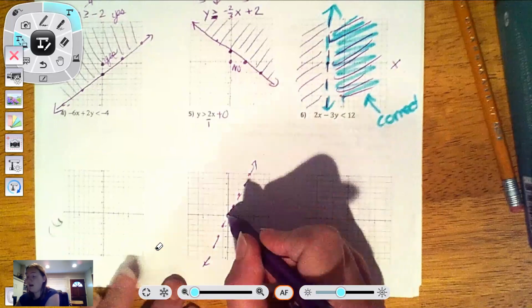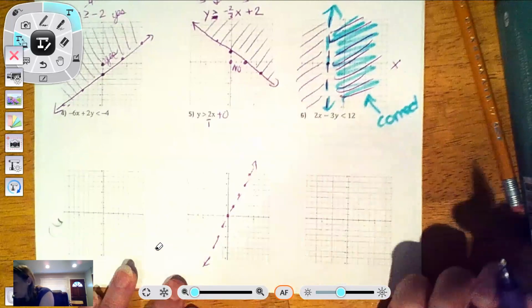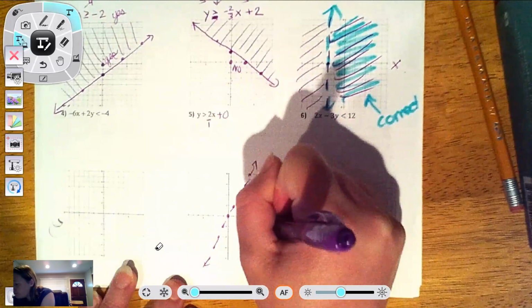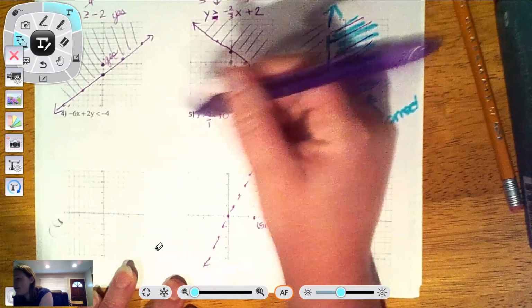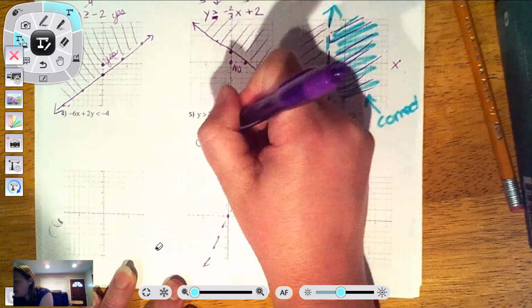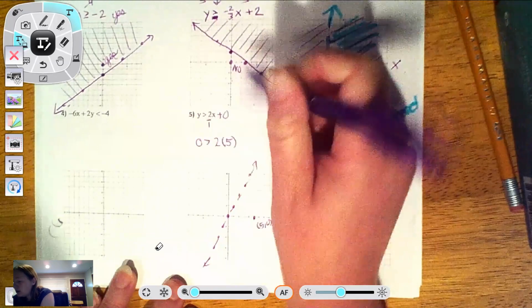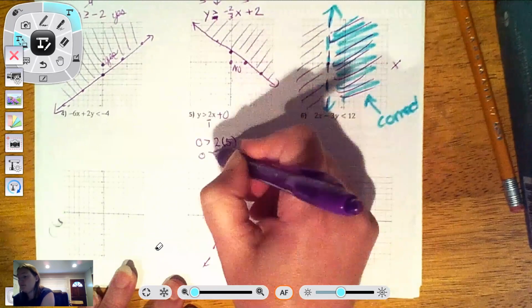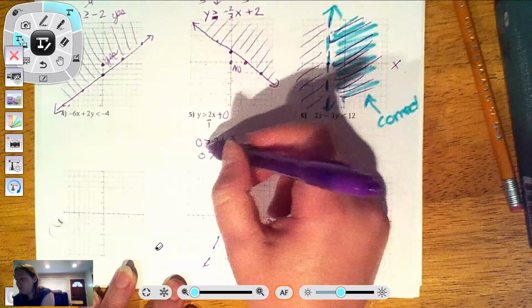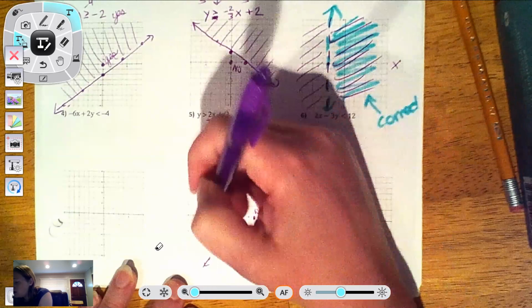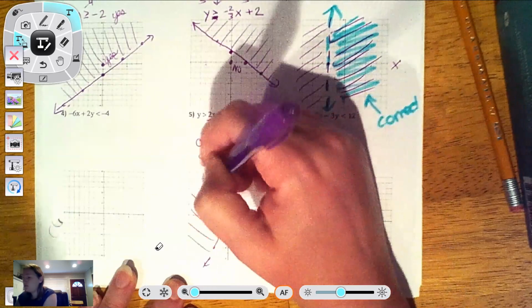So I test any other point I want. Maybe I'll test 5, 0. So if I have 5, 0, my y is 0, my x is 5, is 0 greater than 10? No, 0 is not greater than 10. So this is not a solution.